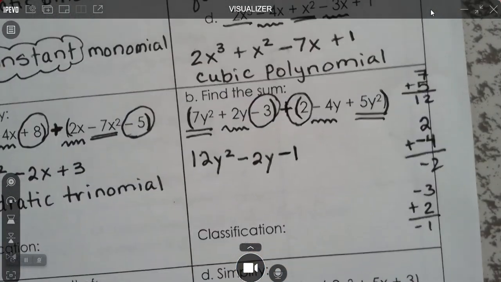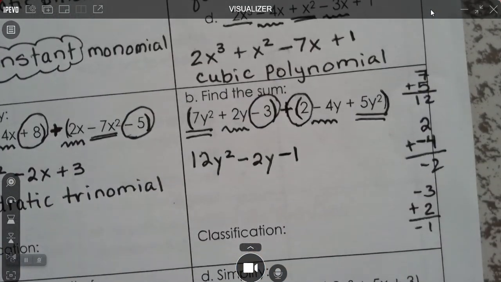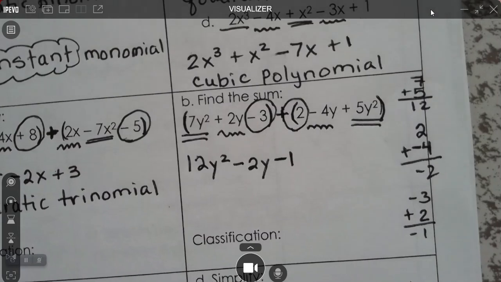Right? All right, so now take a moment and classify it. That means name it using the naming scheme that we just reviewed in the second part. Find the first name and the last name.